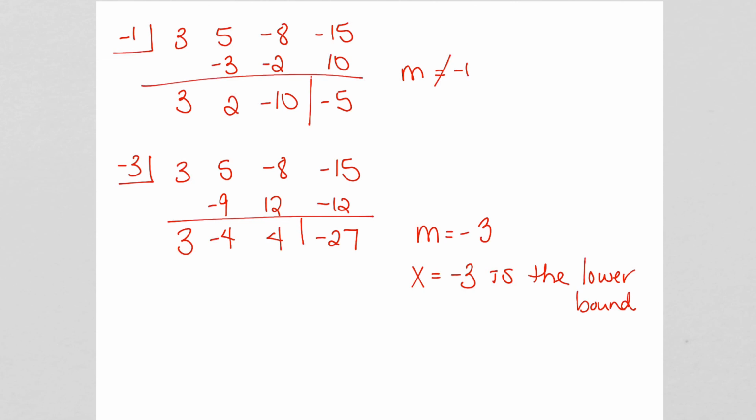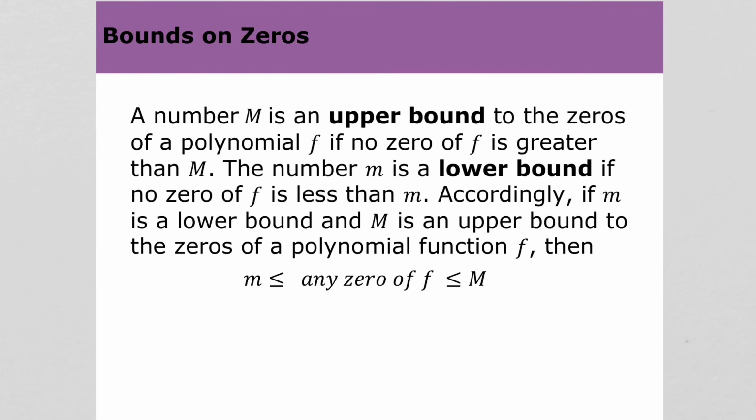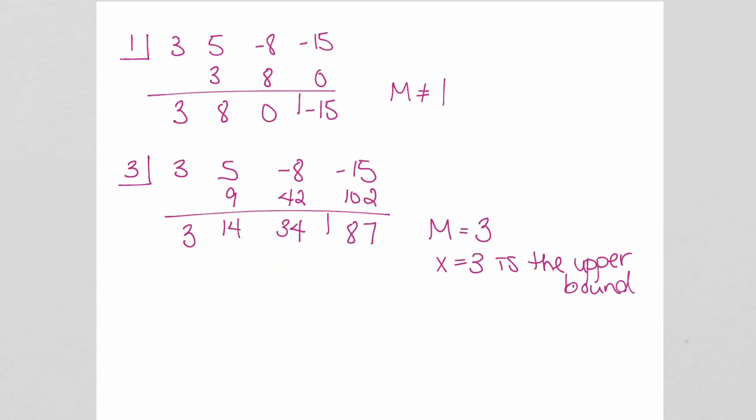So what did that tell us? That means that, looking back, there has to be a 0 between those two numbers.